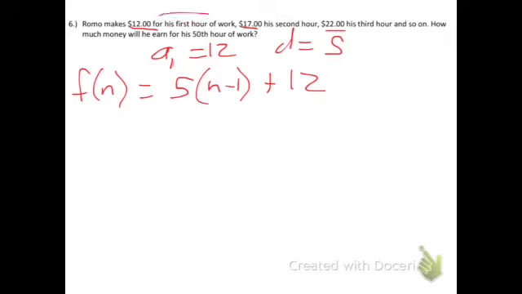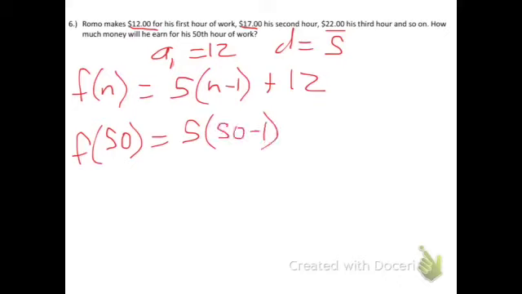And I do start counting my first term in the sequence with the first hour of work, so I will plug in 50 here to get my 50th, how much he earns for his 50th hour of work. So I gotta do 50 minus 1, times it by 5, add 12, go get the calculator.